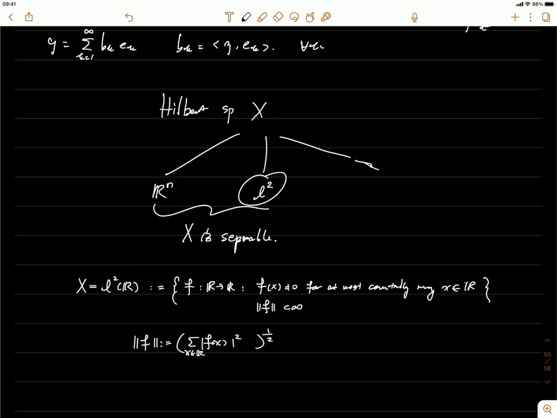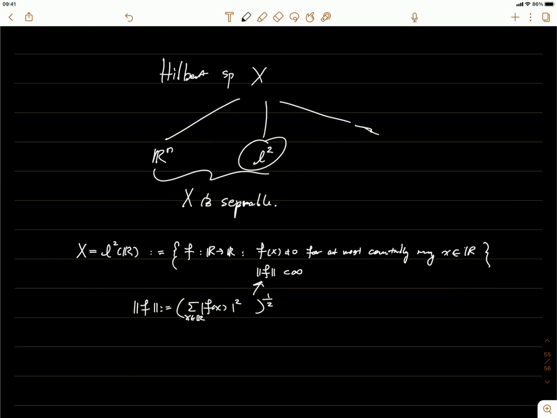This is going to be the norm I'm using here. This is well defined because I have at most countably many non-zero values.